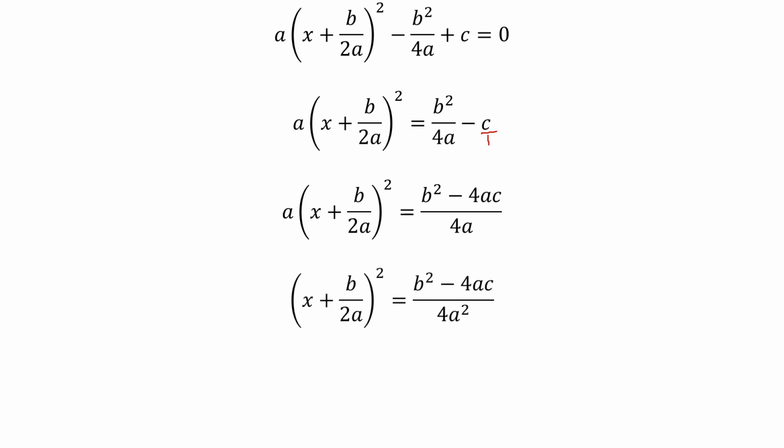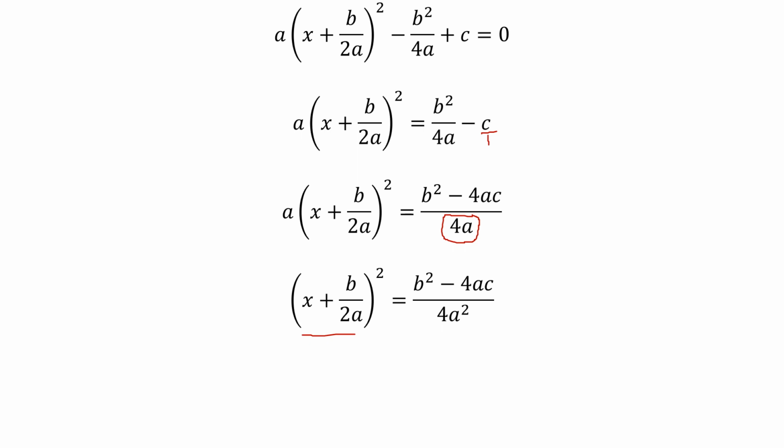If I divide this side by a, I will remain with this one. And if I divide this side by a, dividing by a is the same as multiplying the denominator 4a by a. Right. That's dividing by a.